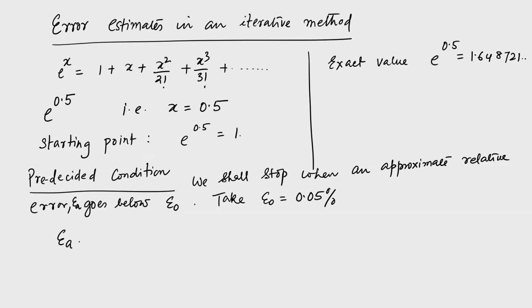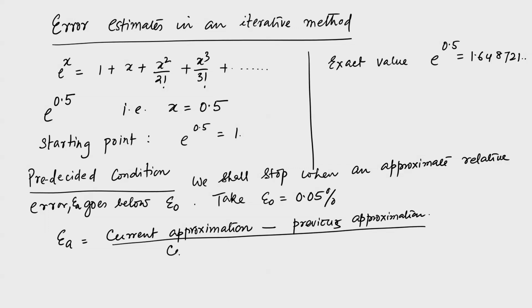So, epsilon A is defined as the current approximation minus the previous approximation, divided by the current approximation, and multiplied by 100 in order to get it in percent.